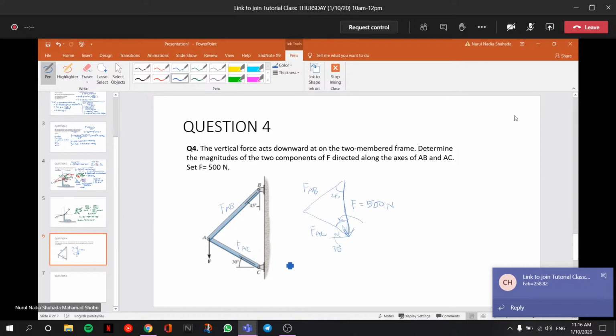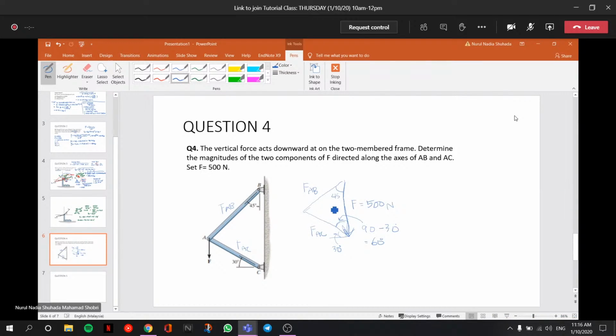Because this is perpendicular, it will be 90 minus 30 equal to 60. So this is 60 degree. And since we have the angle here 45 degree and also here 60 degree, we can simply find the angle here: 180 minus 60 minus 45, and that would give us 75 degree.